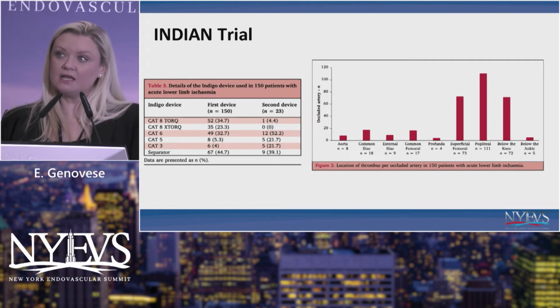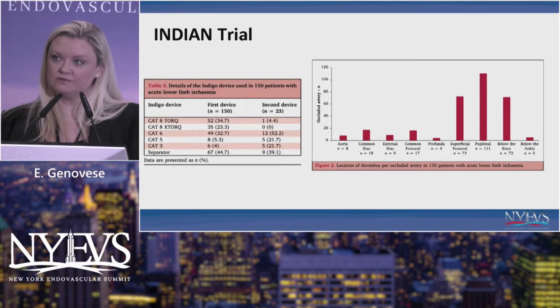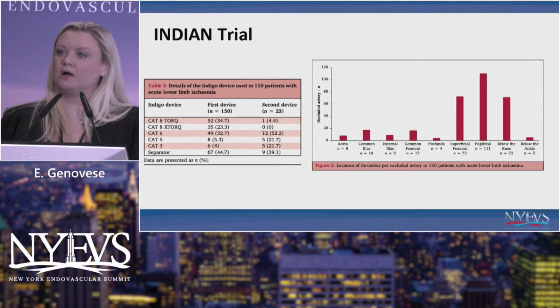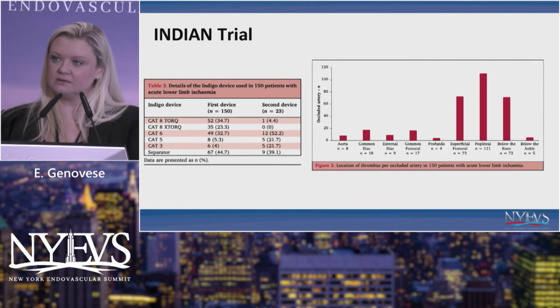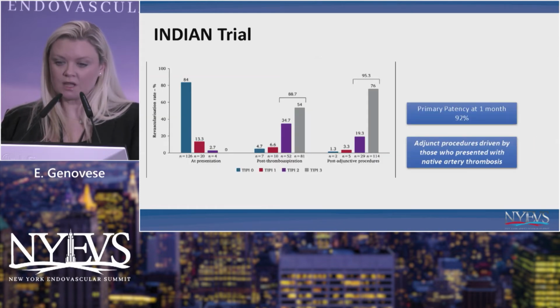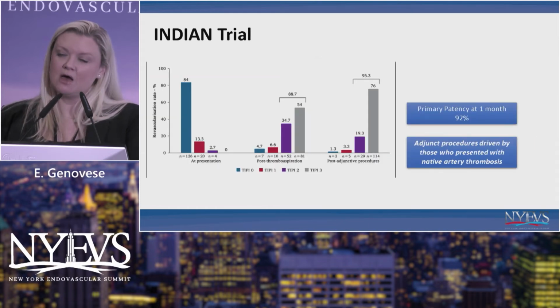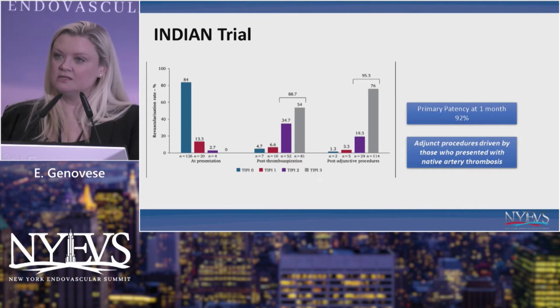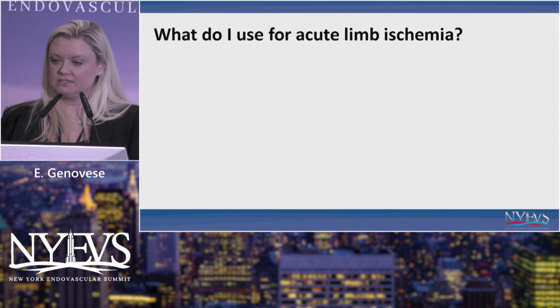There's a variety of different catheters that were used for this patient population, and a fair amount of them required the separator, which is an atraumatic separator to help break up and pull in some of that thrombus when it corkscrews into the catheter itself. A pretty great success rate, almost 90% from this catheter alone and 95% success once you use your adjunctive techniques.